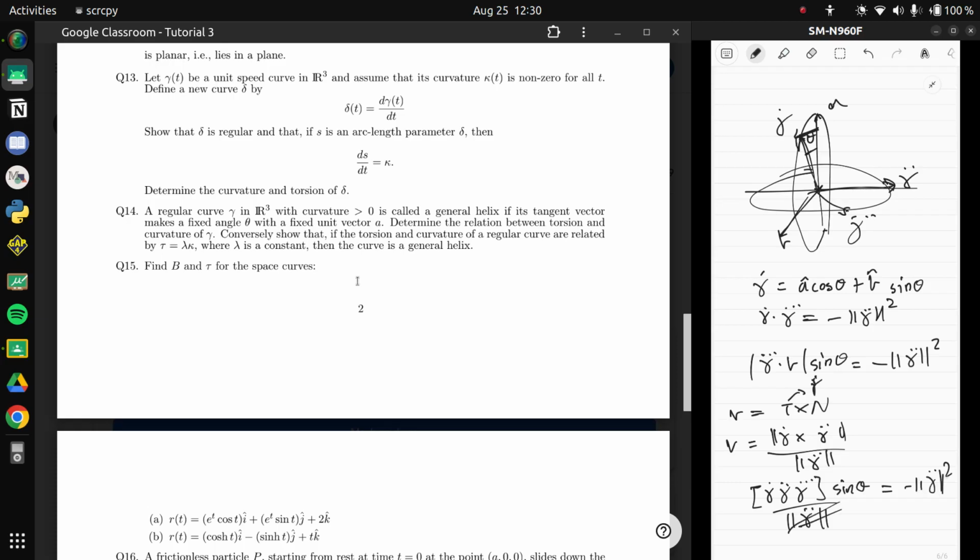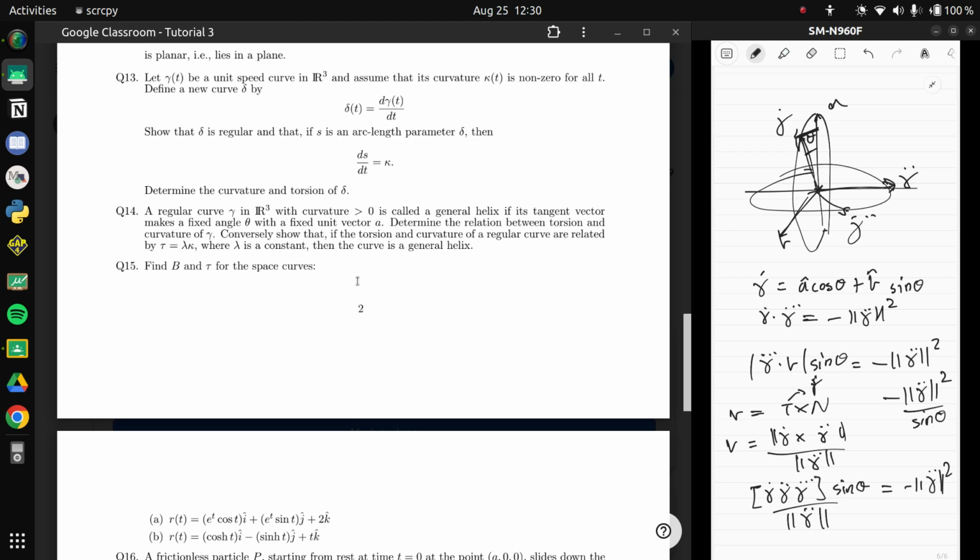Sure, so this becomes cube, and then you just have to divide by the same thing. So it just becomes negative squared upon sine theta. Yeah, that's the idea.